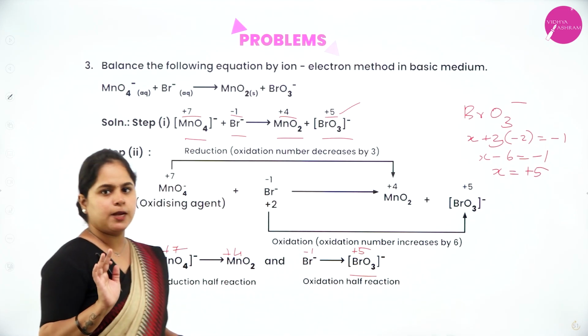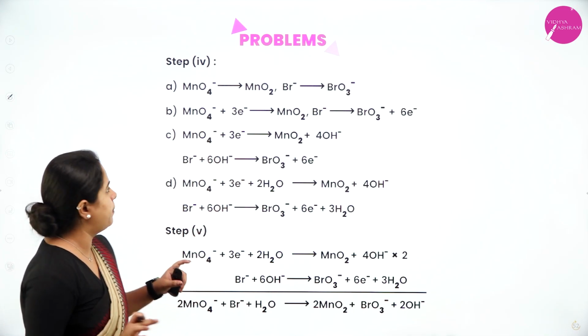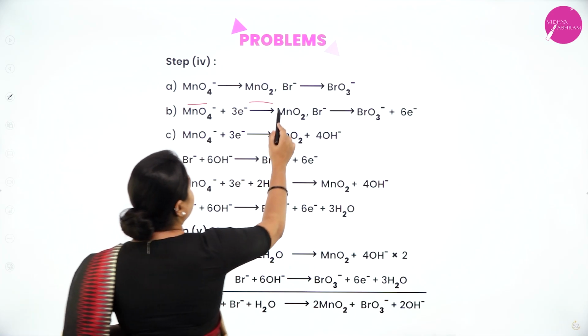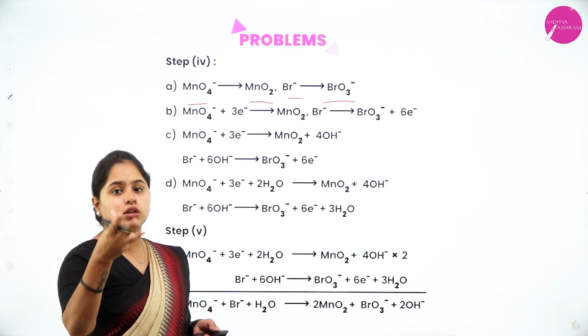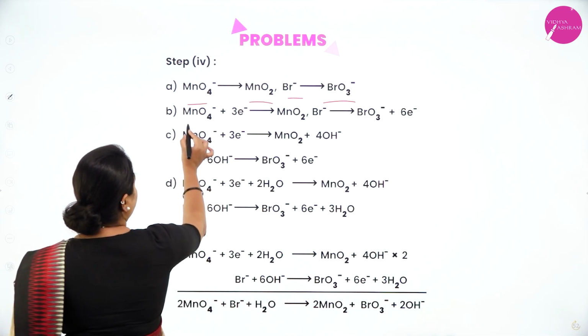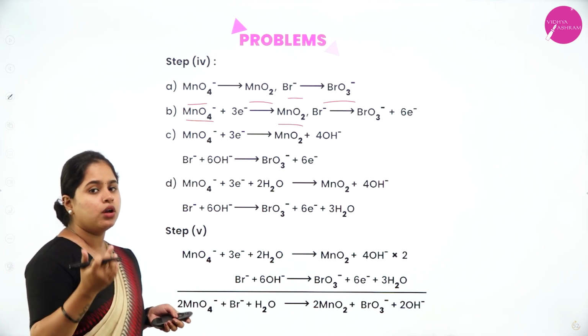So this much is done. Now, the two reactions we have written separately: MnO4⁻ getting converted into MnO2 and Br⁻ is oxidized to BrO3⁻. So now the electrons associated with the oxidation and reduction, we are going to represent. So MnO4⁻ is getting converted into MnO2, that is, it is reduced to MnO2.